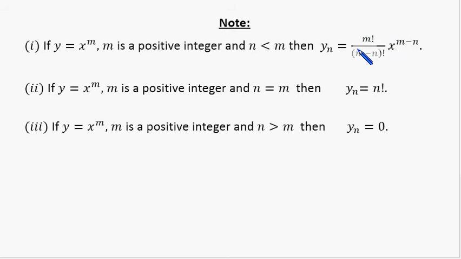Here also m factorial divided by m minus m factorial, where 0 factorial is 1, so therefore yn is equal to n factorial when n is equal to m. If y is equal to x to the power of m, where m is a positive integer, and n is greater than m, then the nth derivative is equal to 0.